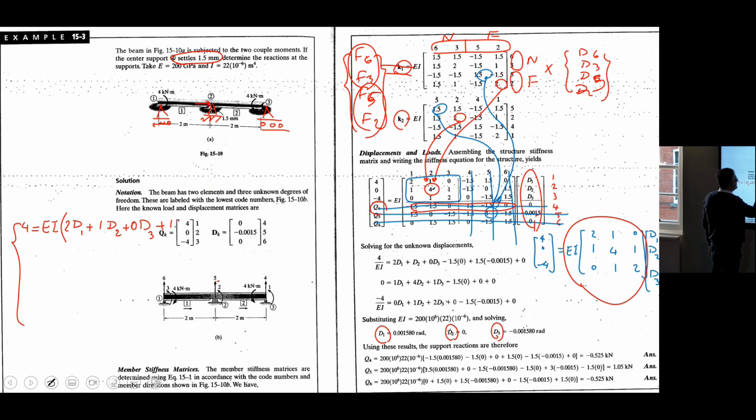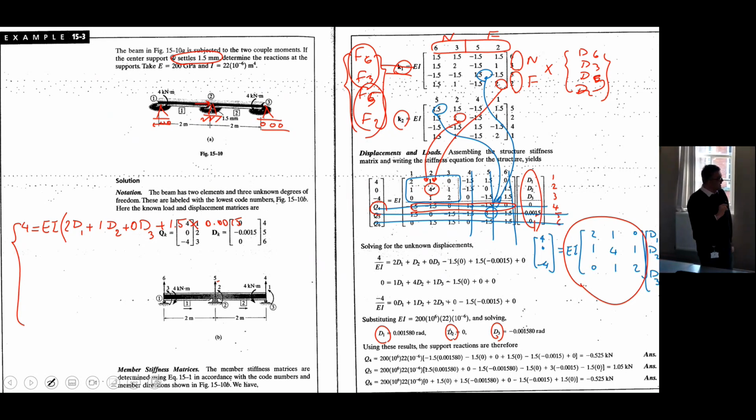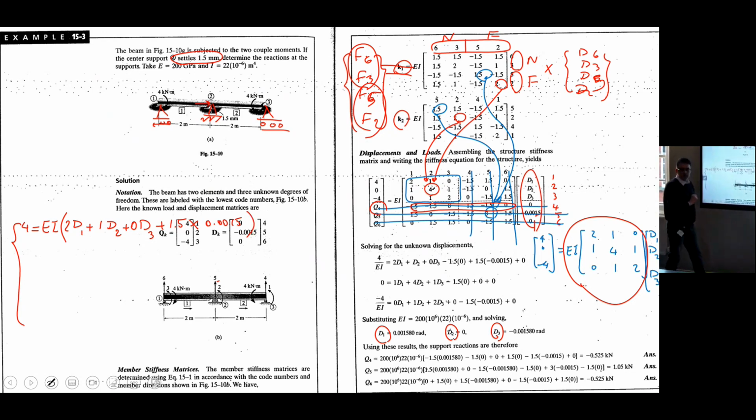The next one is 1.5 multiplied by 0.0015. It's very small, but it's radian. You cannot neglect it. You know, it's not centimeter or millimeter, it's radian. And bracket, okay? We can do the same for the third, fourth, fifth, and sixth.